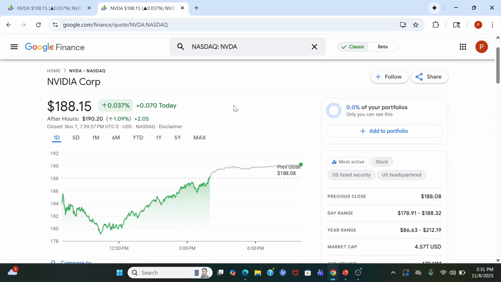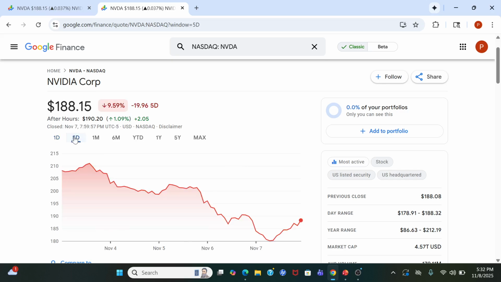Once you click on this, you look at the stock and it gives you an idea. The first thing is the chart that shows you the price of the stock, which is currently $188.15. That's the closing price as of Friday, November 7th. Today is November 8th, 2025.